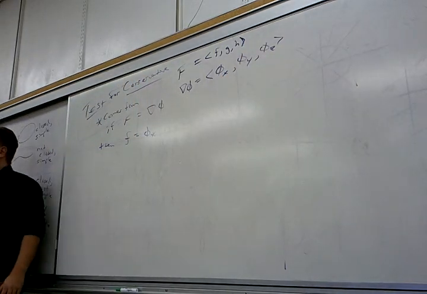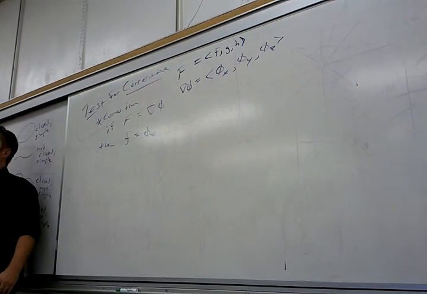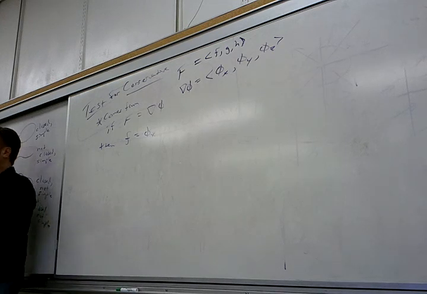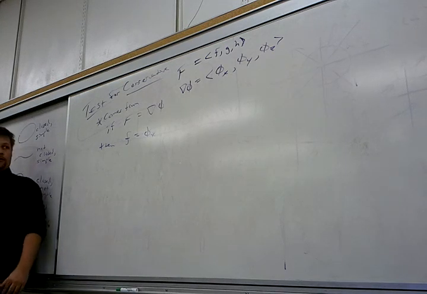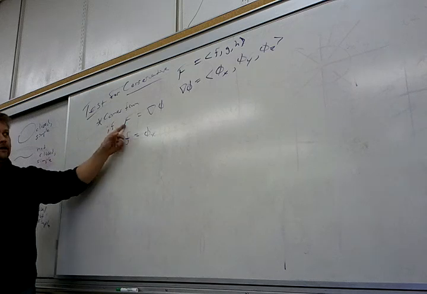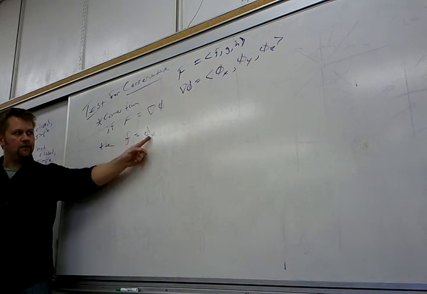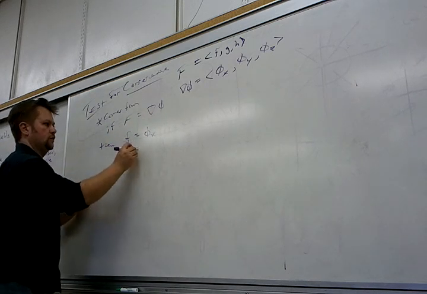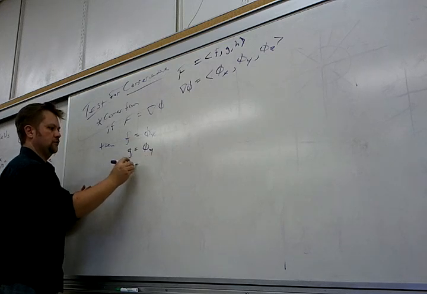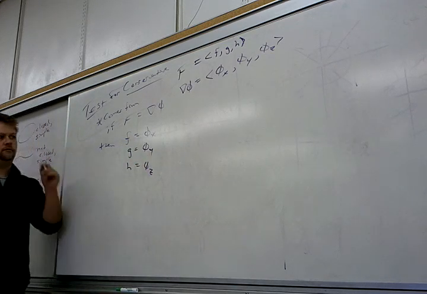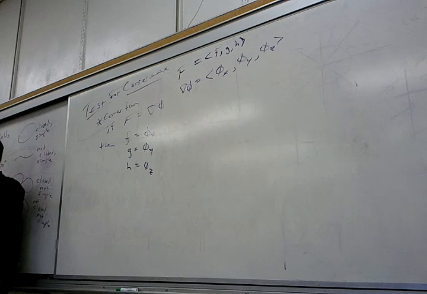Cool. So the gradient of some function is just the partial of that function with respect to x, comma, so forth. So that's why, if this is true, then f must be this, g must be this, and h must be this.